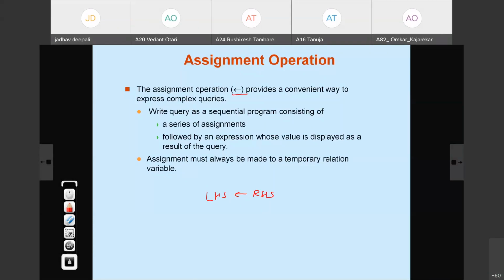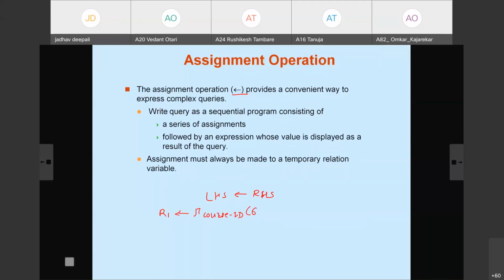For example, we wrote previously the query for intersection, selection, etc. We write the first query and give it the name R1, assignment operation, then project course ID, the courses that were taught in both semesters.